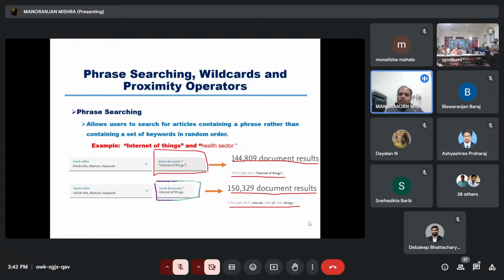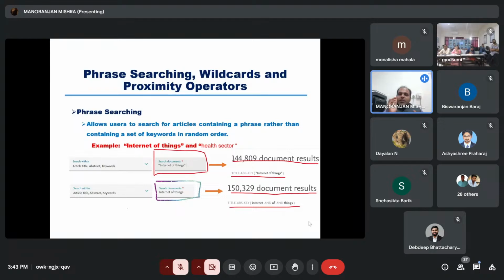When I search Internet of Things in quotes, 144,809 documents are there. For the same words without quotations, it is 153,229. That means when you put double quotes, it is taken as a single phrase. That is why the number is that.